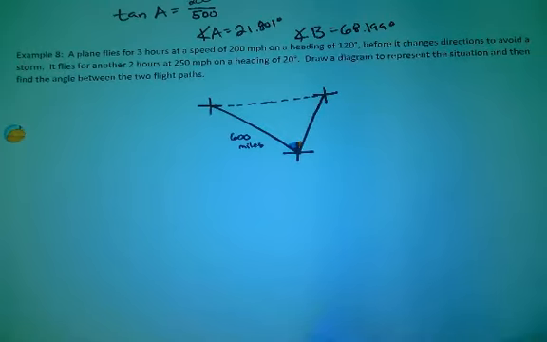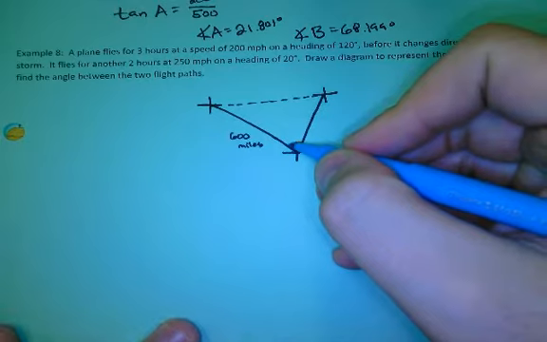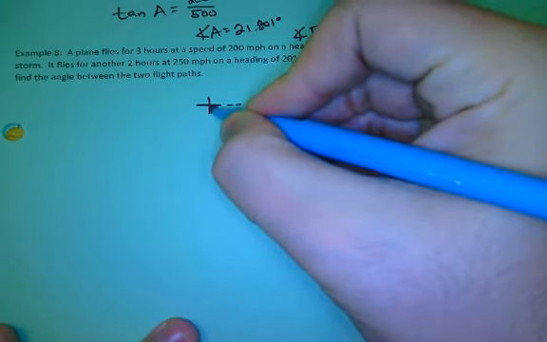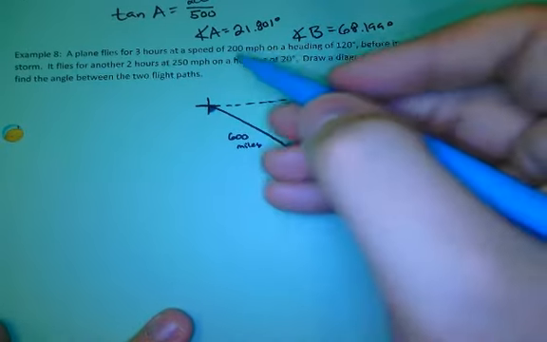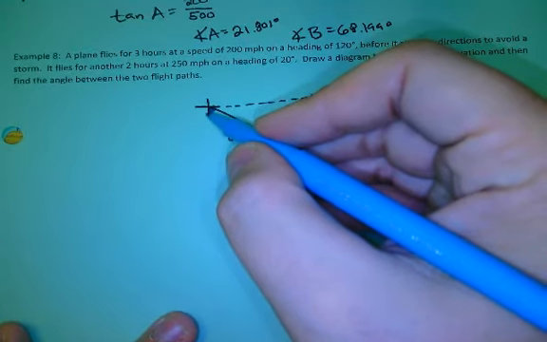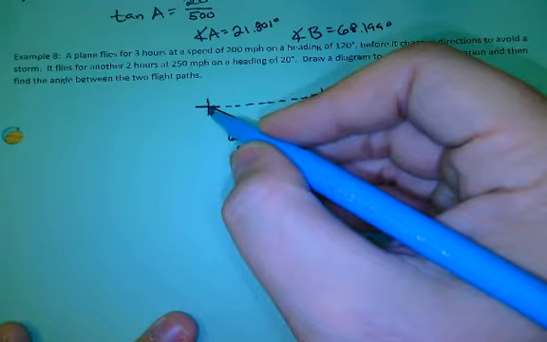So how can I find blue? What's the alternate interior angle from blue? This guy right here, right? So if this is 120, how far away? Because I'm using 180 right here. So how far away is 120 from 180? So blue is 60.